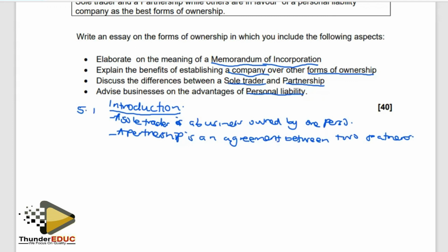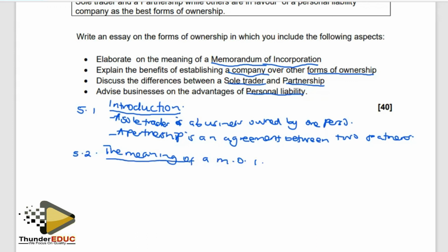What is very important is giving the heading. Question 5.2 is elaborate on the meaning of a memorandum of incorporation, and then you underline this.